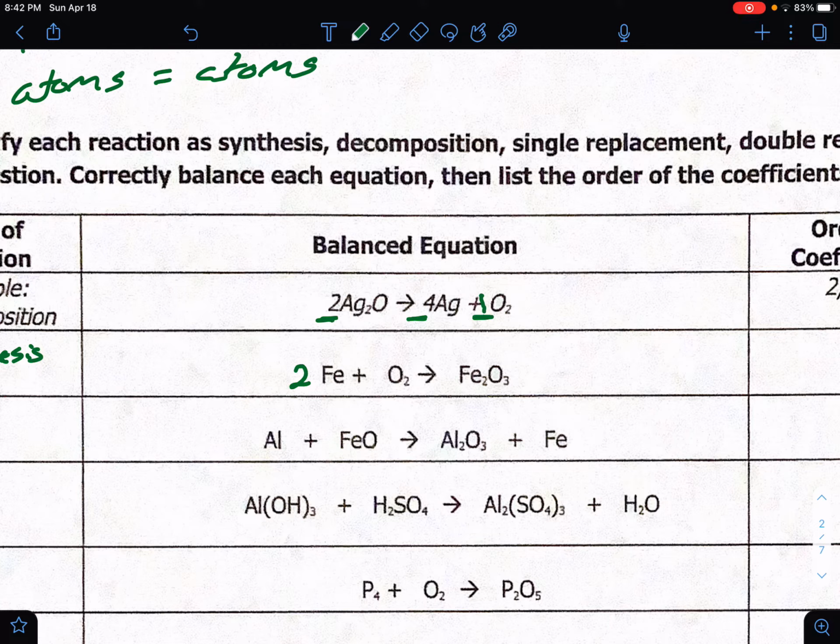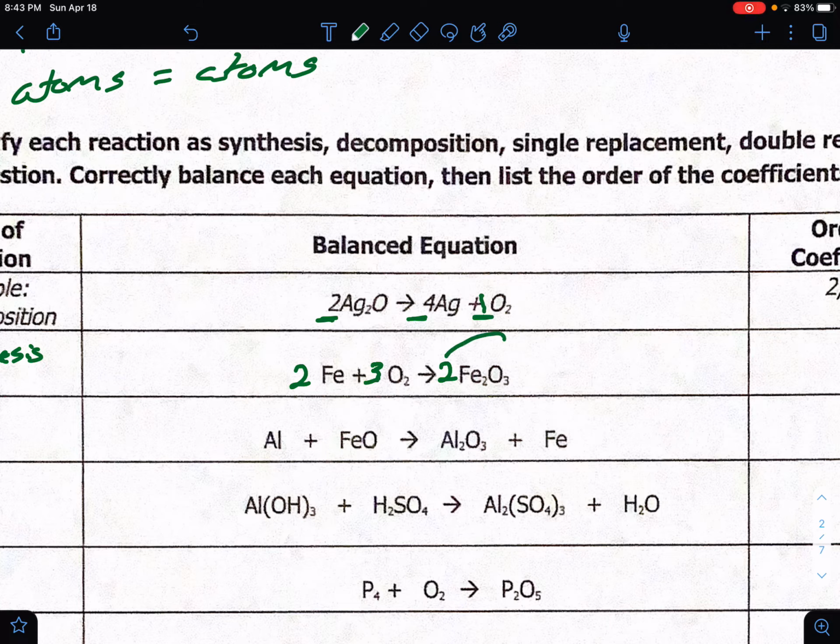And I have 2 oxygens on the left, and 3 oxygens on the right. Well, 2 can't go into 3, and 3 can't go into 2. So I need to find the closest number that can be divided by both 3 and 2. The closest number would be 6. So I need to get each one of those oxygens to 6. I'm going to multiply this O2 by 3, and this Fe2O3 by 2. Now I have 6 oxygens on the left and 6 oxygens on the right.